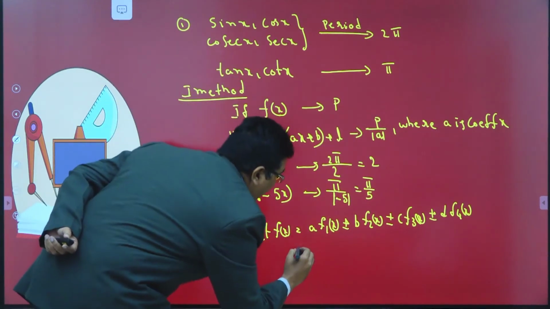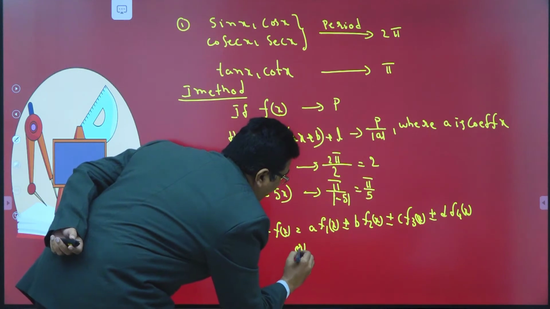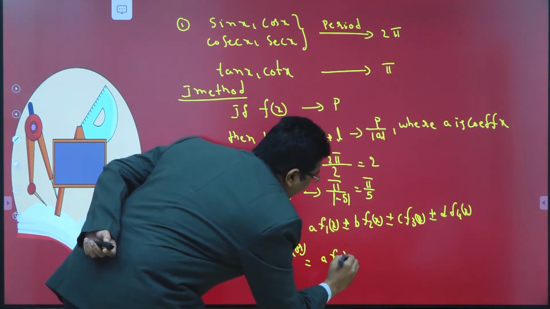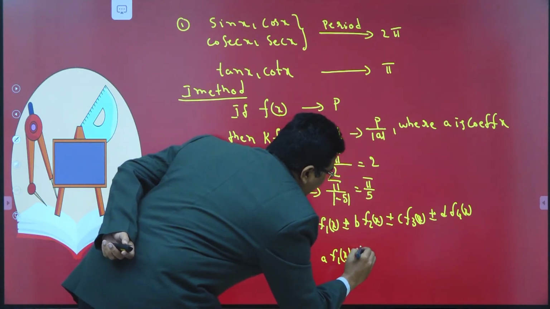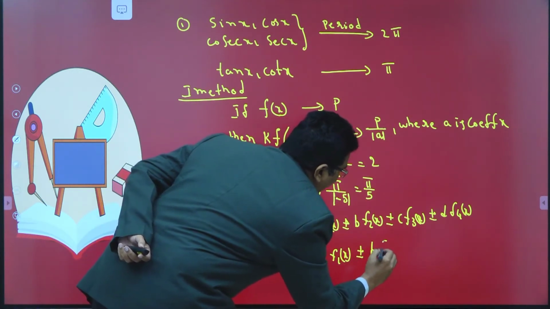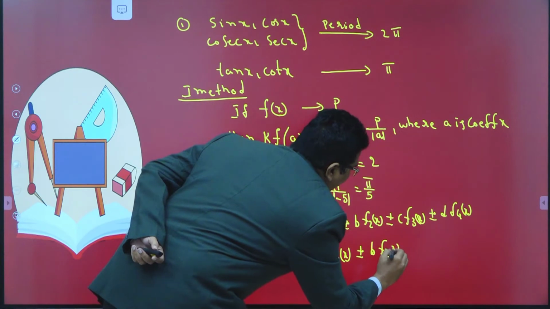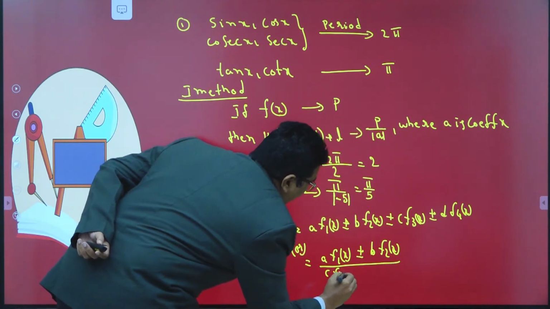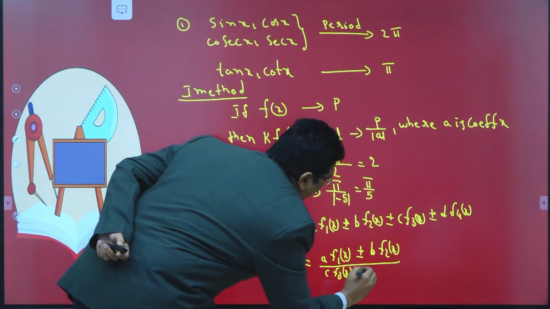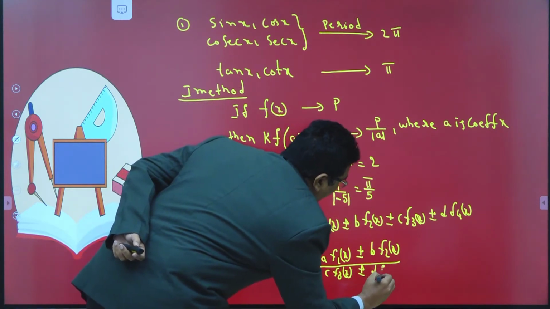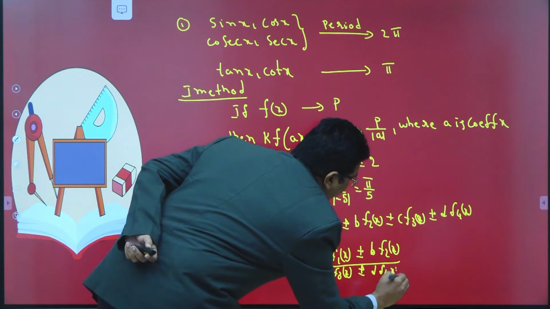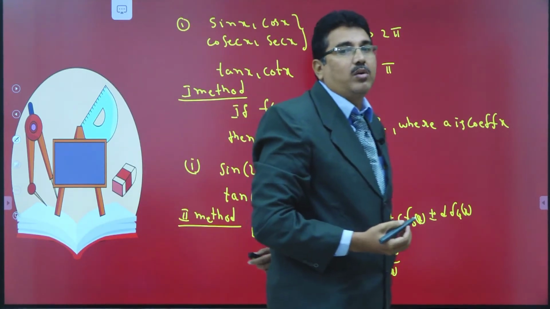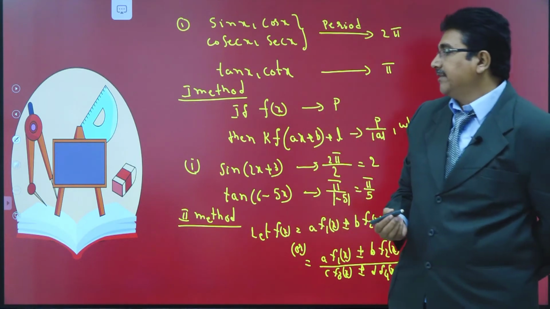Or f of x is of the form a into f1 of x plus or minus b into f2 of x divided by c into f3 of x plus or minus d into f4 of x. For this type of function, how do we find the period?